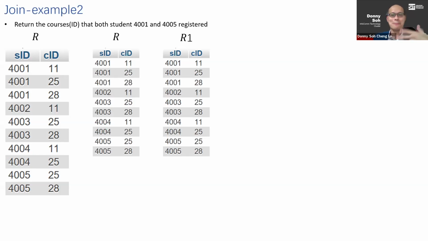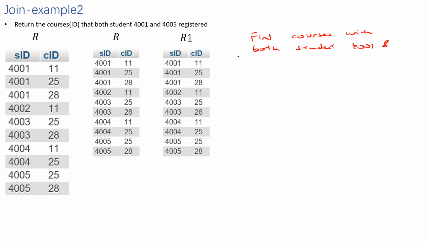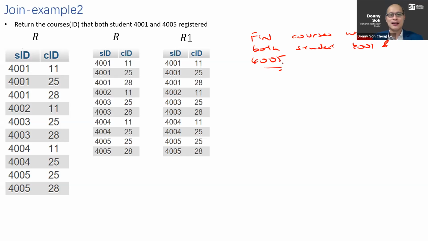Sometimes it's hard to say in English, but what I want to find is the course with both student 4001 and 4005. So essentially that is what I really want to do. So let's look at how we can do it.